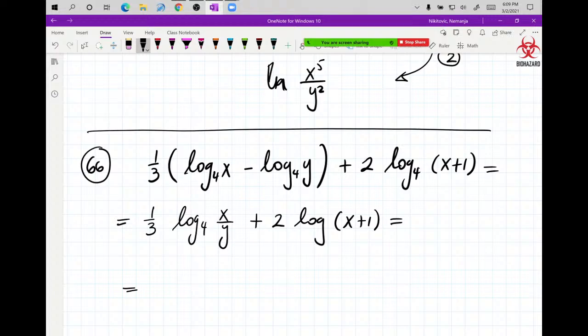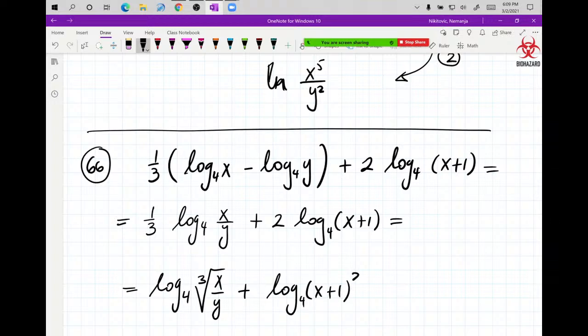So that's going to be log base 4, and you can put this as a cube root of x divided by y plus log base 4, oops, I forgot the 4 there, of x plus 1 squared, right?